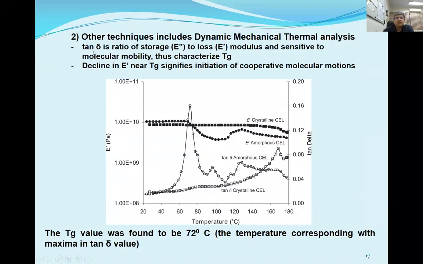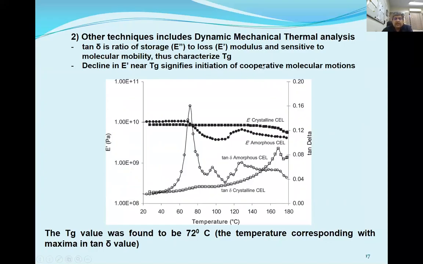So this is tan delta, and it is the ratio of the storage to loss modulus, and is sensitive to molecular mobility. Thus, it can be used to characterize the glass transition temperature. Decline in E bar near Tg signifies initiation of cooperative molecular motions. We will discuss this concept later on in one of the slides.